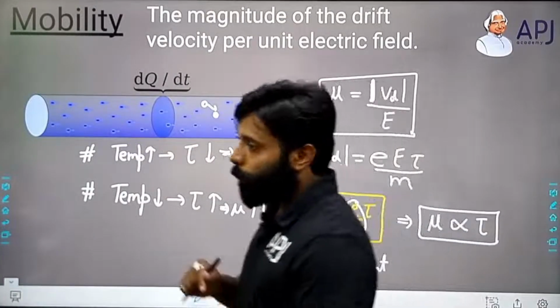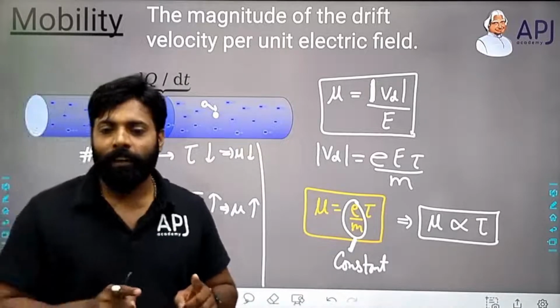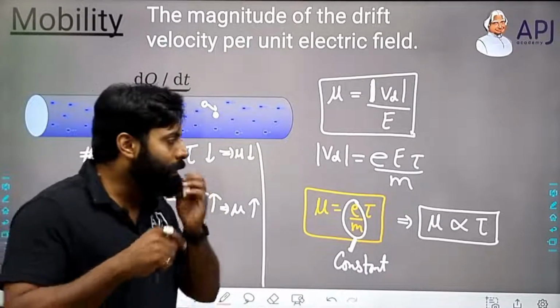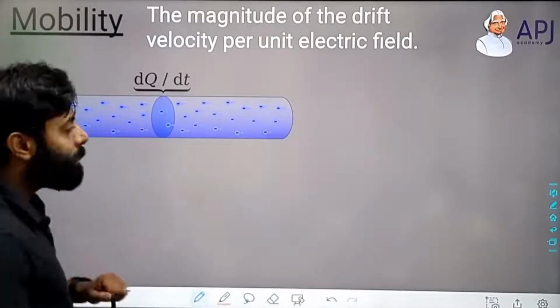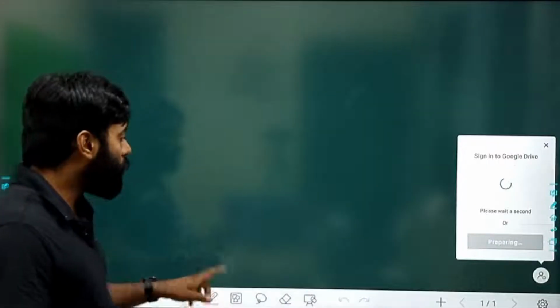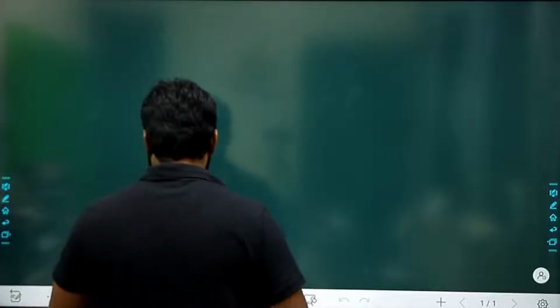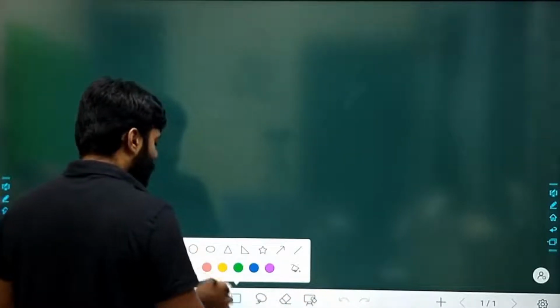Drift velocity, mobility, and the last and foremost thing is the relation between the drift velocity and the current, because it is due to the drift velocity we are getting a current, right?